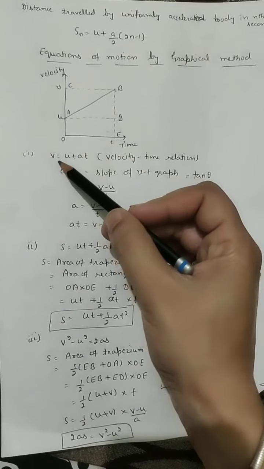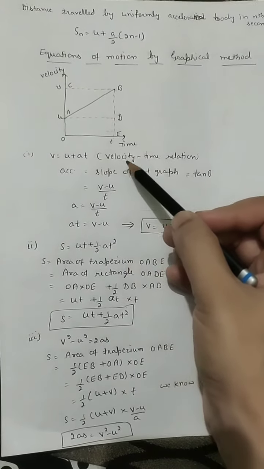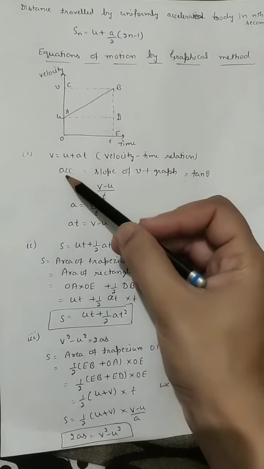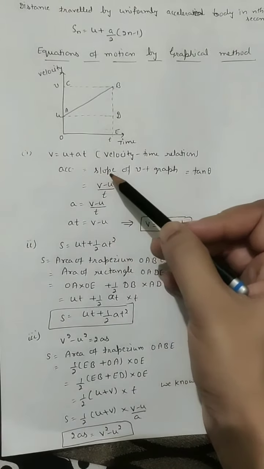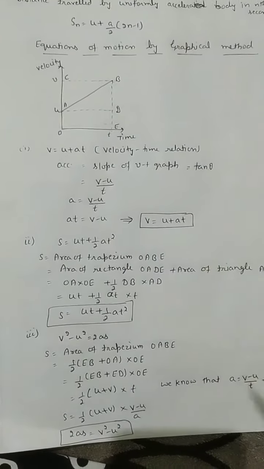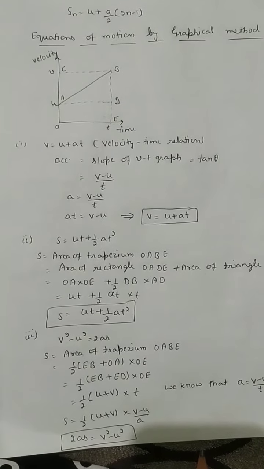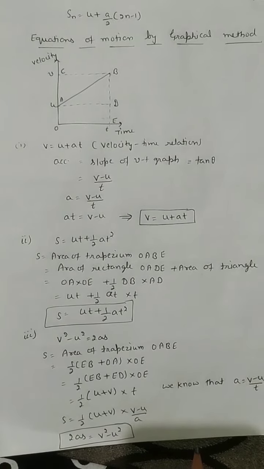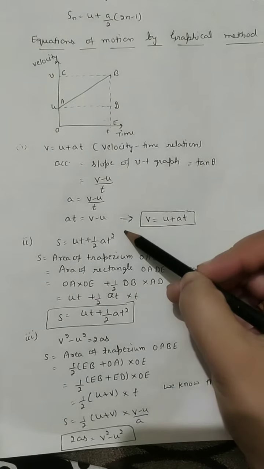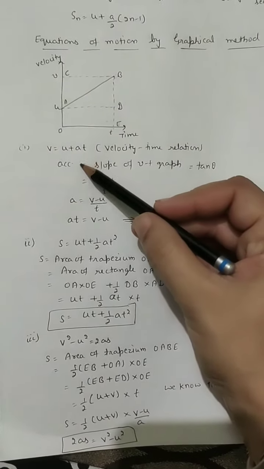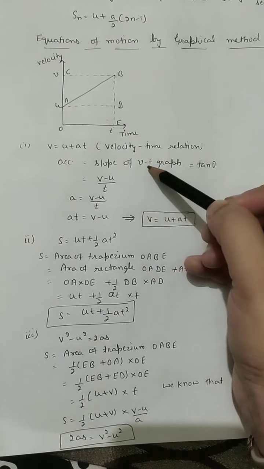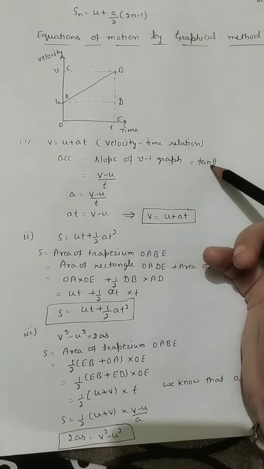The first equation is v is equal to u plus at, the velocity-time relation. We know that acceleration is equal to the slope of the vt graph, and the area of the vt graph gives the distance. The slope of the vt graph, that is the acceleration, can be represented by tan theta.